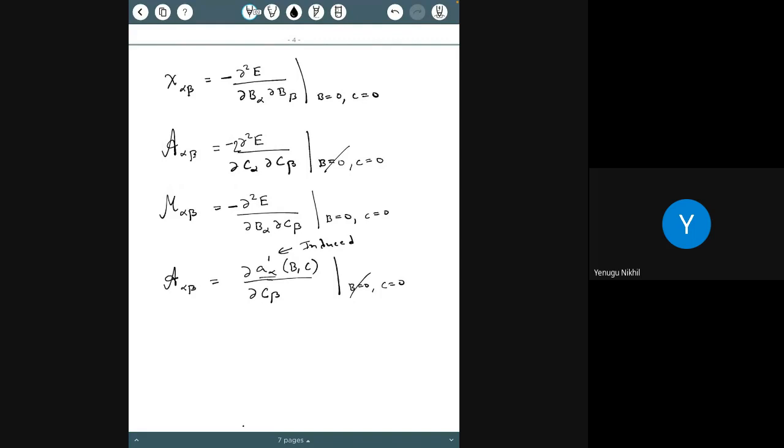So this is a sort of mixed approach where the induced anapole moment is computed as an expectation value of a wave function, and then the second derivative is taken numerically. In the first case, we compute E as an expectation value for a given theory, which will mostly be Hartree-Fock or DFT in our case, and then you take a numerical second derivative. So this is one approach.